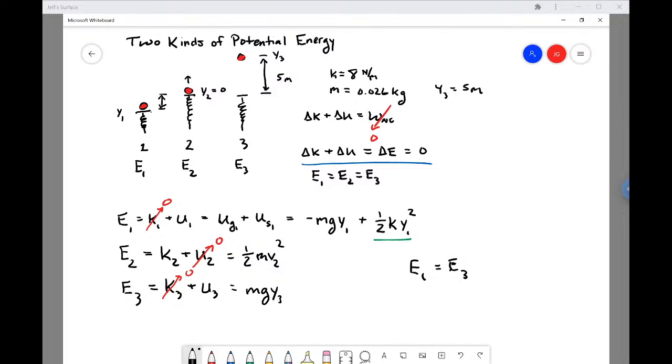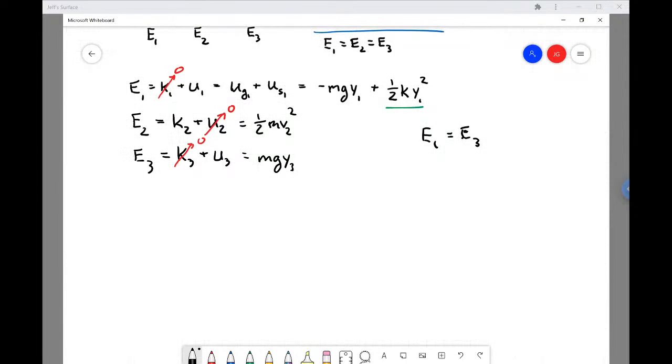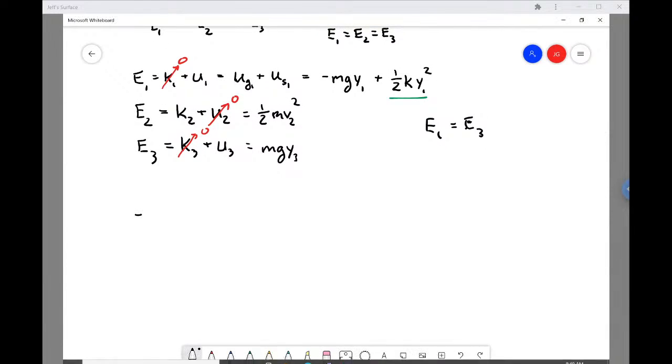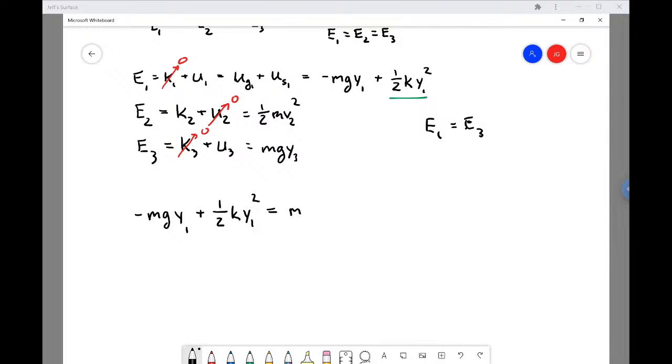So if we do that, let's go down here, we will have negative mg y1 plus 1/2 spring constant y1 squared equals mg y3. And let's write this in the standard form for a quadratic equation.